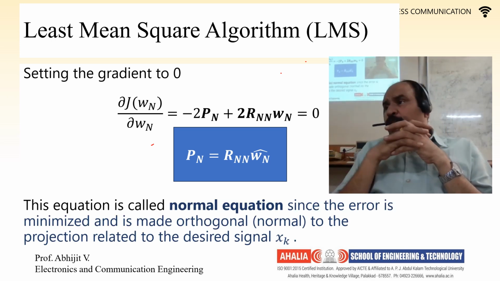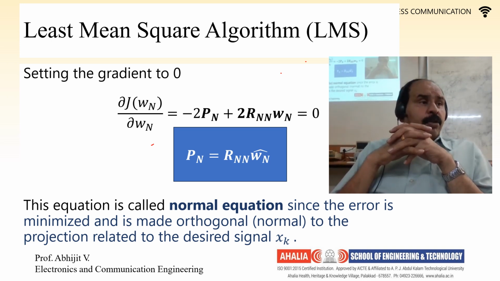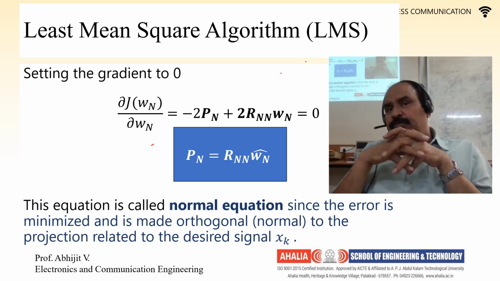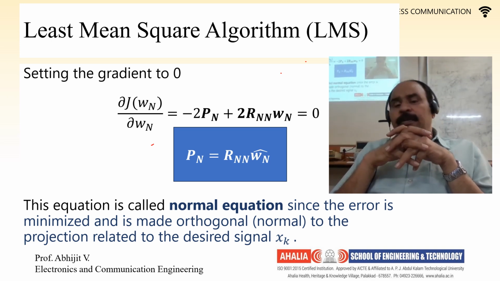This is a very important equation and it is called the normal equation, since the error is minimized and made orthogonal, that is, normal to the projection related to the desired signal x of k. This equation is called the normal equation because we have brought the error to the minimal level and the error is perpendicular, normal, to the projection related to the desired signal x of k.